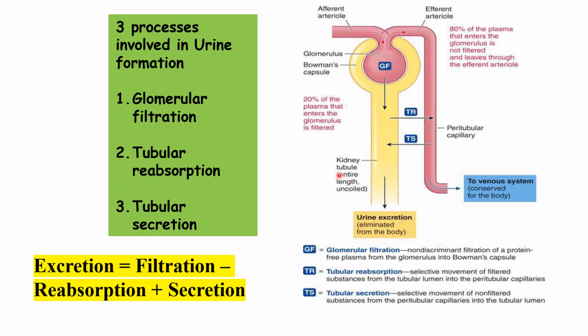In urine formation, there are three processes involved. The first one is glomerular filtration, which takes place in the glomerulus, that is Bowman's capsule and glomerulus. Then as the filtrate passes through the tubules of the nephron, there is tubular reabsorption and also tubular secretion.